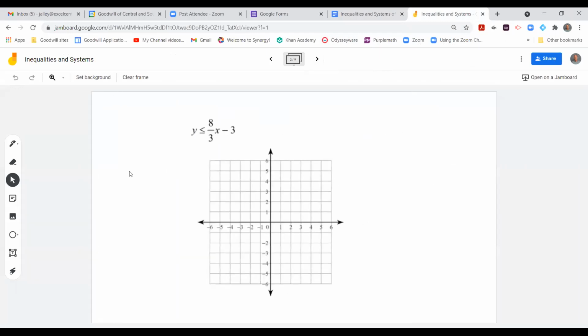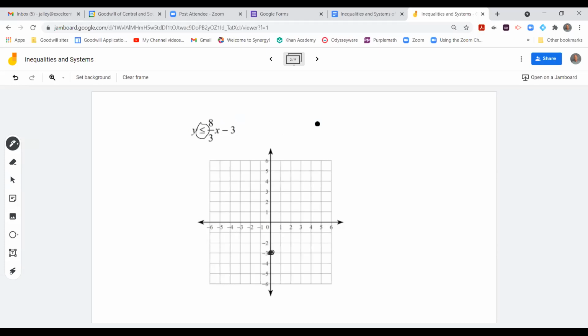So here's the first problem that was in the handout. Y less than or equal to 8/3x minus 3. Well, here's my y-intercept at -3. I'm going to need a solid line because of that symbol there with the equal to sign.